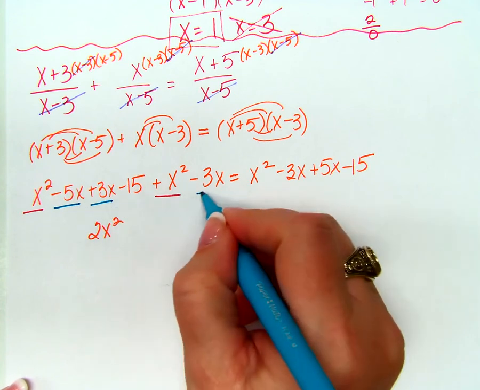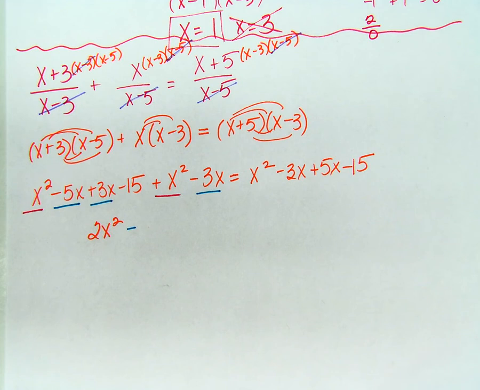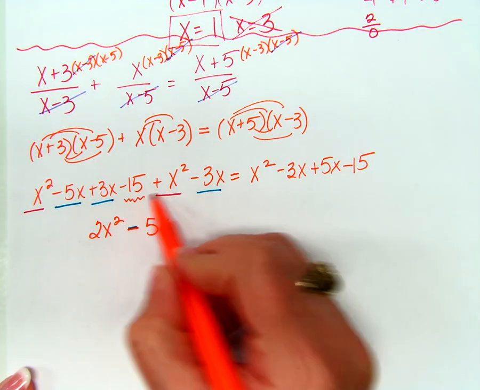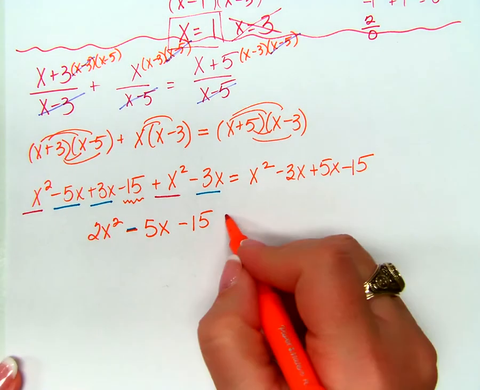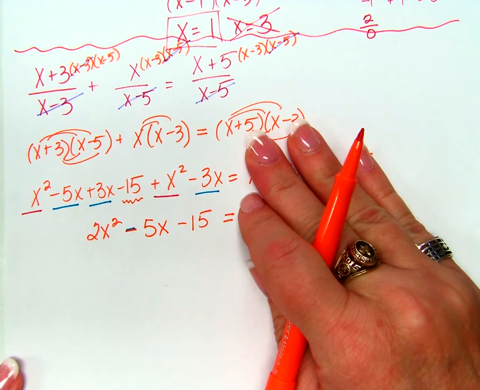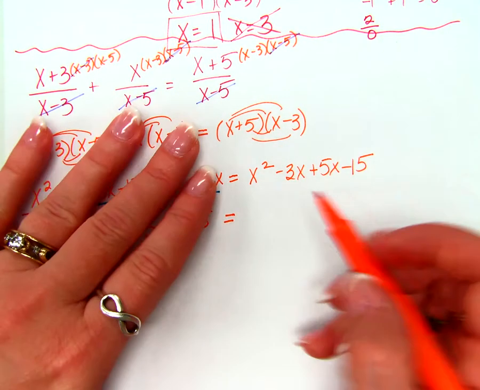And then a negative 3x, which gives me negative 5x. And then I've got this one, minus 15. Now, be careful you know where your equal sign is, because I don't need to worry about anything on this side yet, do I? Not until I simplify this one side. Okay? Now let's go ahead and simplify this other side.